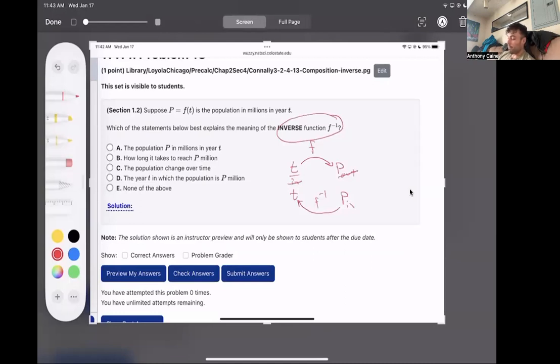So P equals F of T is the population in millions. Okay, so that just means P could be 2, but that means 2 million, in year T. All right, fine. So now if I go the opposite way, if you tell me the population, I will tell you the year. That is the meaning of F inverse: the year T in which the population is P million.